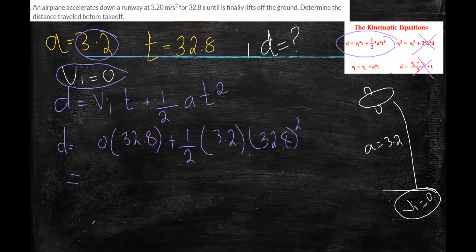Now, 0 times any number is 0. Then you have to find 32.8 squared, multiply it by half, then multiply it by 3.2. After that, you will find that the distance now is 1,720 meters. Is it clear now? Yeah.